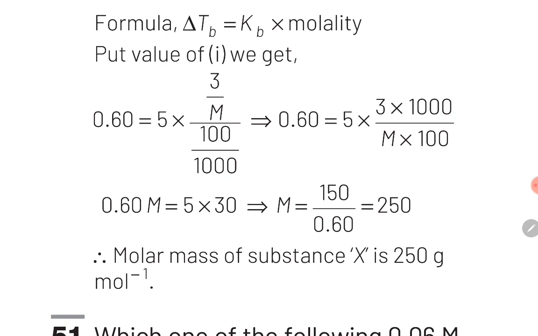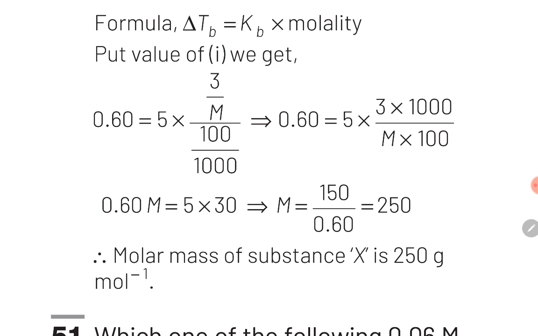On substituting these values and also using the formula of molality, we'll get the equation as 0.6 is equal to 5 into 3 by M divided by 100 by 1000. Guys, molality का फॉर्मूला होता है number of moles of solute divided by mass of solvent in kilograms. इस क्वेश्चन में mass of solvent has been given as 100 grams और इसीलिए हम डिनोमिनेटर में 100 by 1000 लिख रहे हैं because we need to write mass in kilograms.